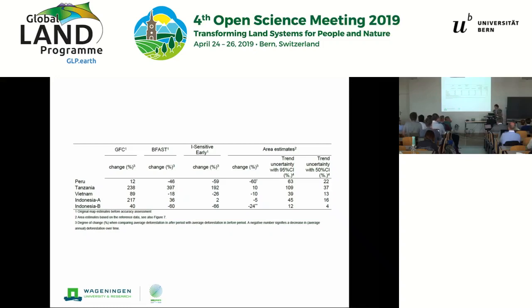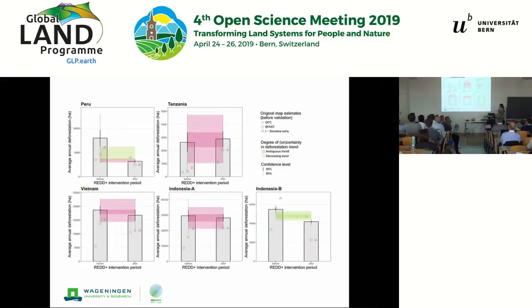Here you see the bars are for the reference data and the little symbols are the area estimates, well, this is still annual deforestation, but these are built on area estimates. You see that there are very different trends sometimes. We were finding the same thing using Matt's product and PFAS.